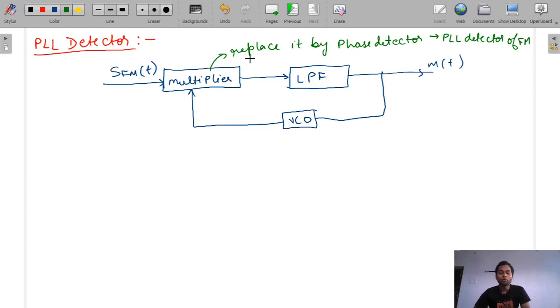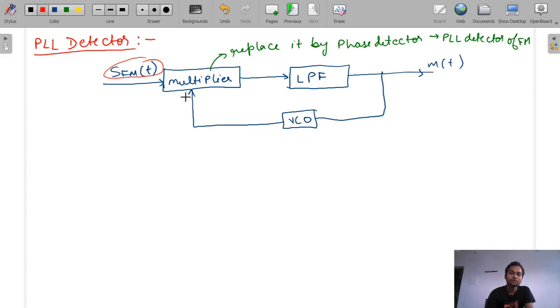So in the process of maintaining frequency synchronization, see here the FM signal and the signal coming through the voltage control oscillator, we need to maintain the frequency, means synchronization of frequency, means both their frequencies will be the same. So the local oscillator is replaced by a voltage control oscillator.